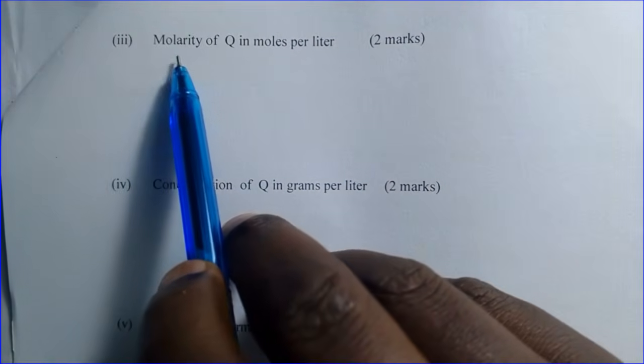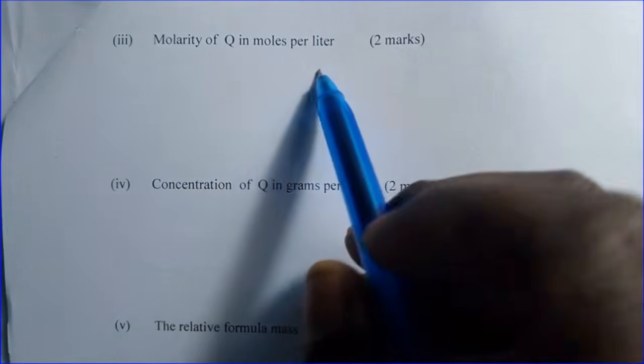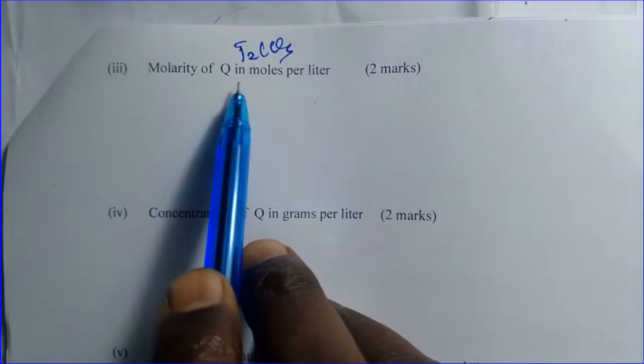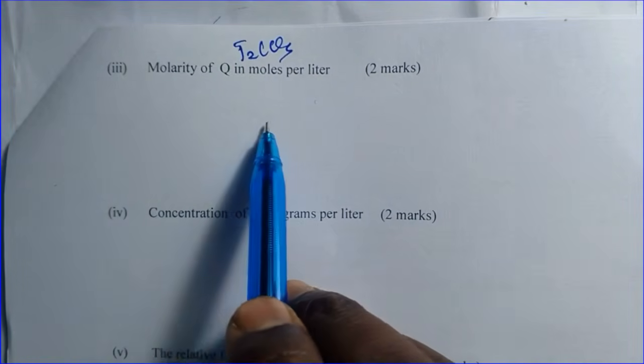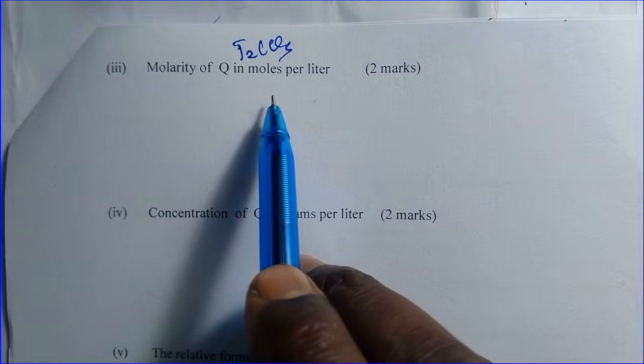Calculate the molarity of Q in moles per liter. Q, remember, it is the carbonate, the T carbonate. Now we have calculated the number of moles of T carbonate in 25 cm³. Molarity is the number of moles in a liter. So a liter is equal to 1,000 centimeters cube.